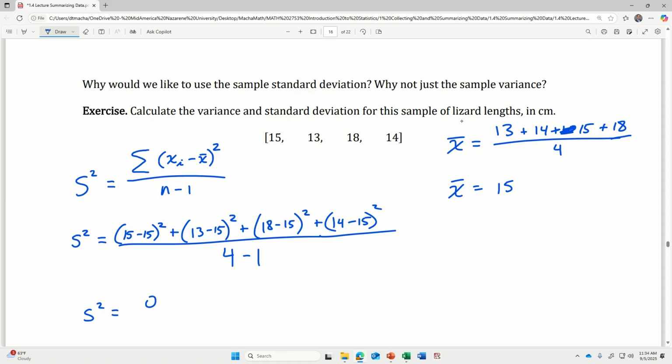So then I have 0 squared plus negative 2 squared plus 3 squared plus negative 1 squared, divided by 3.